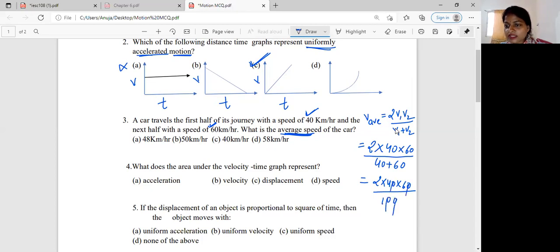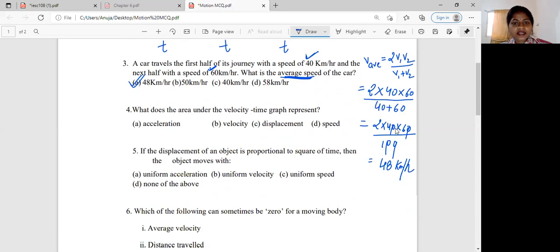The 0 and 0 get cancelled. 2 4s are 8, 8 5s are 40, 8 6s are 48. So it becomes 48 kilometer per hour. So here it is option A. Option A will be the correct answer.